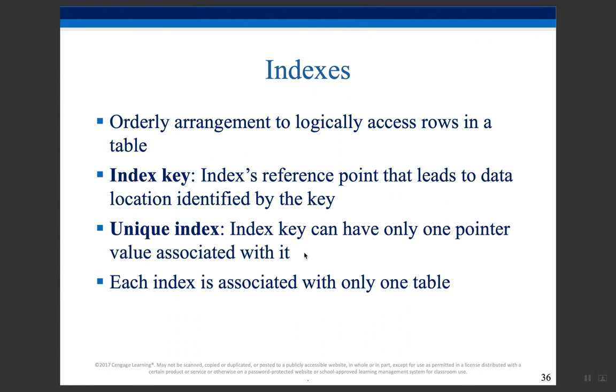It's a shortcut way of being able to look up data. Technically, an index is another table that gets associated with the table, which gives us a path to get to data, so we don't have to read the entire table all the time. The index, the reference point, leads to the data location within the table, so you can find exactly where in the database something is located.